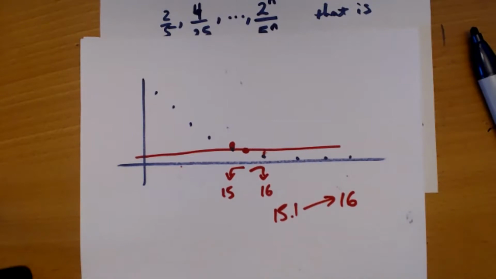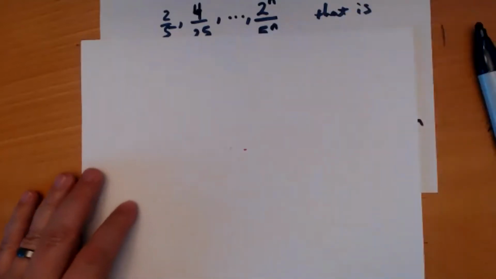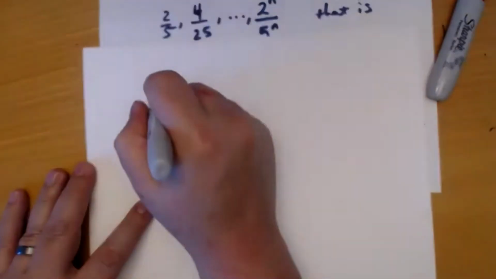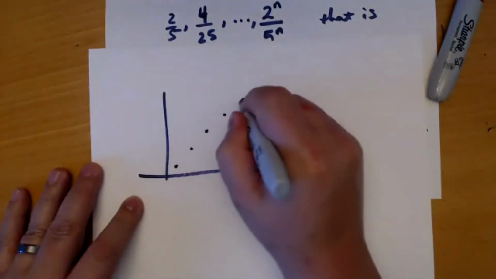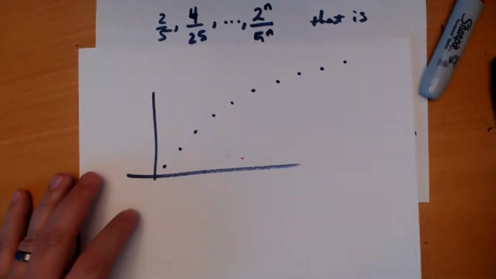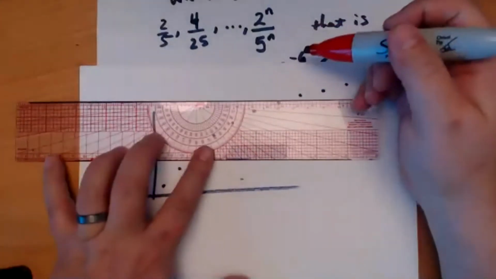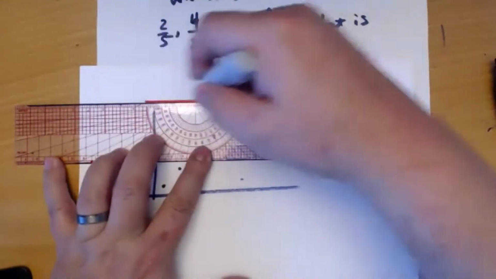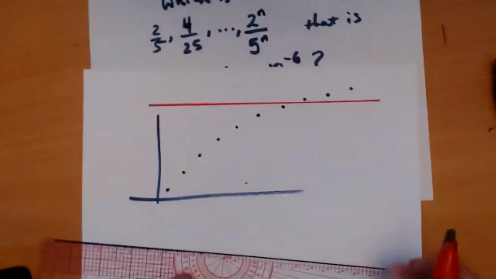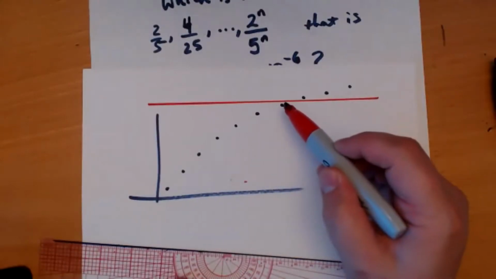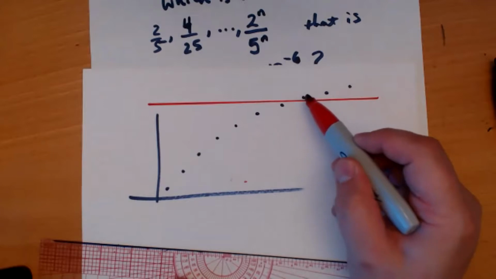Wait, so if it was increasing, you'd round down? Well, it depends on what the problem was. You need to understand what it's looking at. For example, if I had a sequence that was increasing like this, and my threshold was here, it always depends upon the question: the one that is before it crosses the threshold or just after it crosses the threshold?